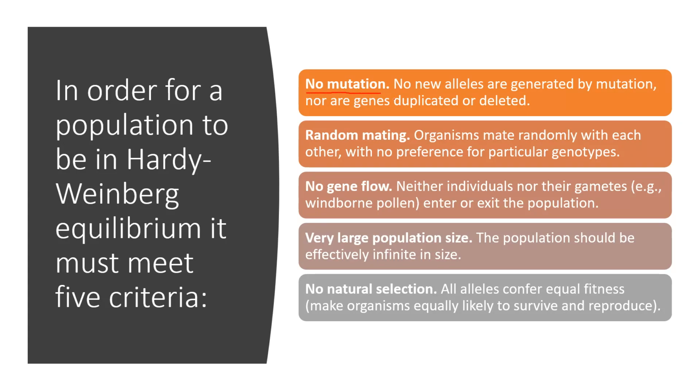There should be random mating. There should be no gene flow. There should be a very large population size, not small, and no natural selection should be occurring. So for Hardy-Weinberg equilibrium to be present, that's what we would observe.